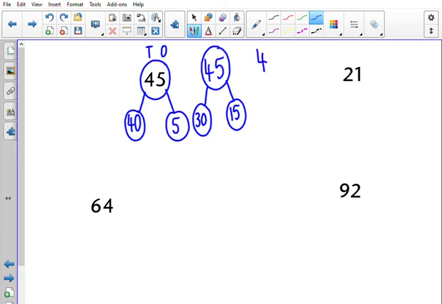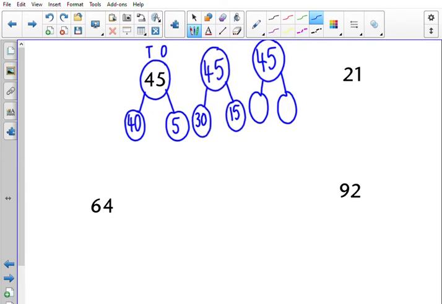So we can try that again with 45. And now if I move another 10 from that 30, I'm left with 20. And I bring it over to the 15. Now I have got 25. So can you see the pattern now that's emerging? I had 40 to start with, and 5, then 30 and 15, and then 20 and 25.